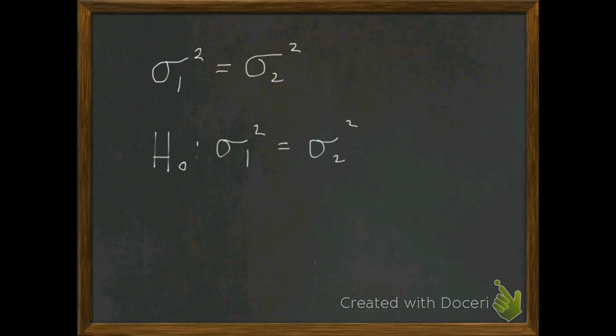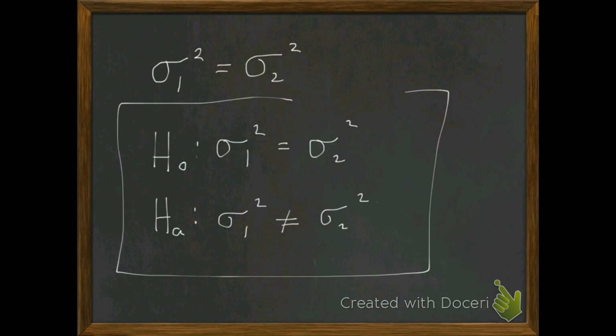And students all the time ask me, well, when constructing a two-sample t-test, when you're trying to determine whether to pool or not to pool, why don't you just construct one of these? Before doing this, why don't you just test this to see if you have equal variances?